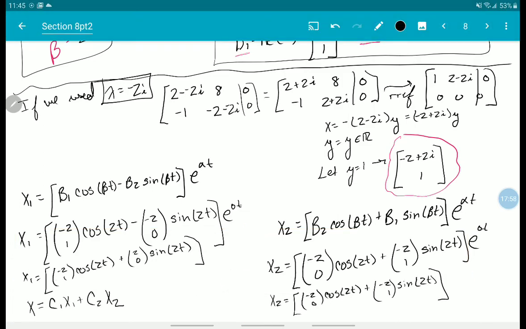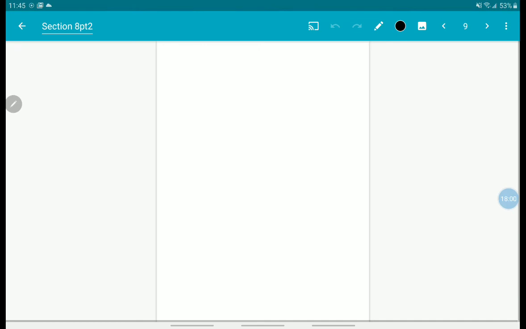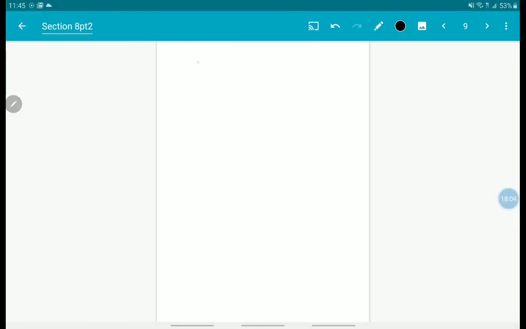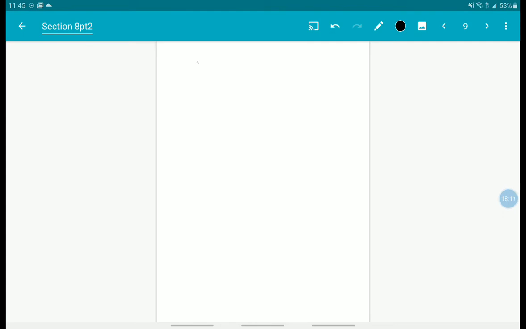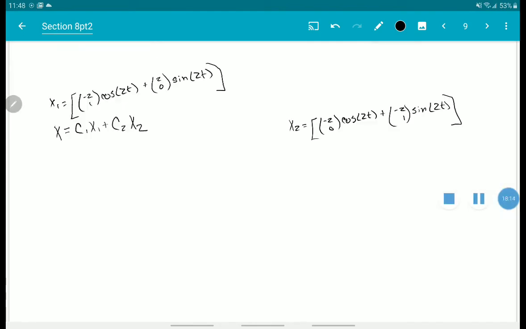So let's finish this problem. Let's write the general solution just to make this a little bit easier, because remember, this is an initial value problem and we need to solve for C1 and C2.